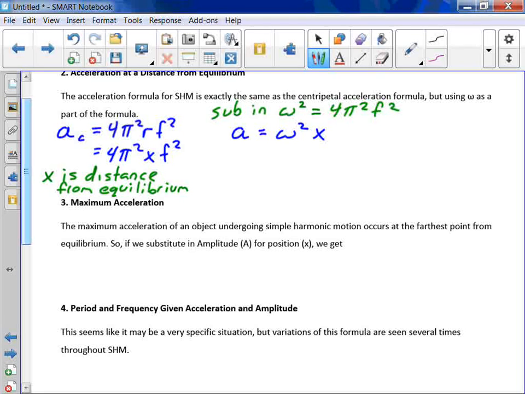We've got to put one more thing in here. Because if we're talking about centripetal force, acceleration is constant. But when we're talking about simple harmonic motion, the acceleration is always going to be negative, a restoring acceleration, based on the fact that the force is directed back to the equilibrium point. So one last thing we have to do.